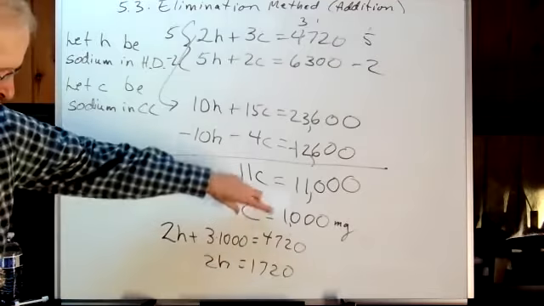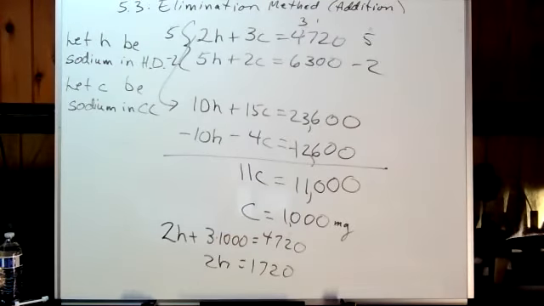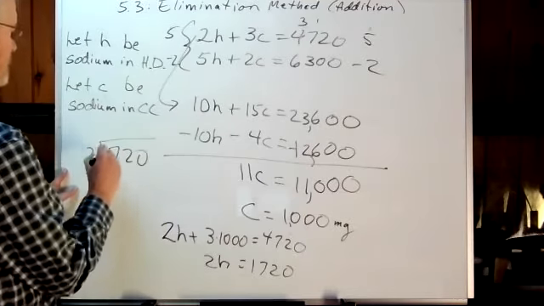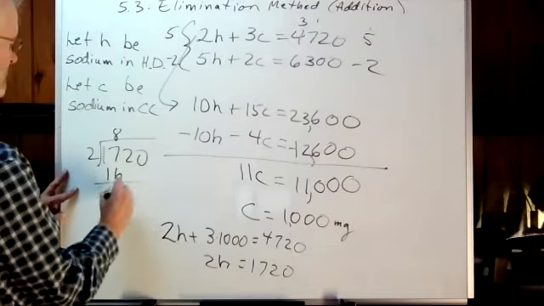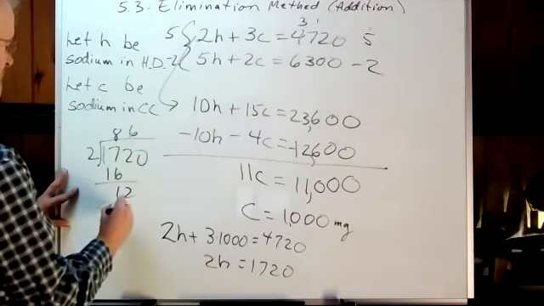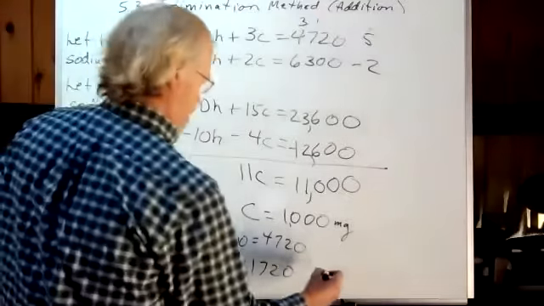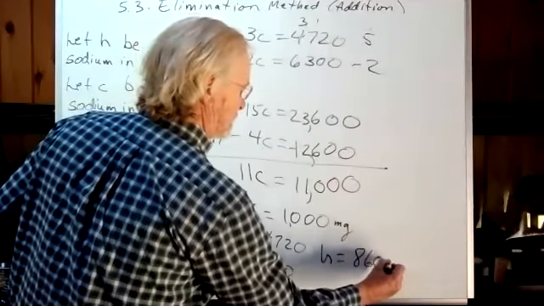I subtracted 3,000 from both sides. It was pretty easy mental math there. Dividing by 2, 1720 divided by 2. And what is that? 860. So the amount is 860 milligrams.